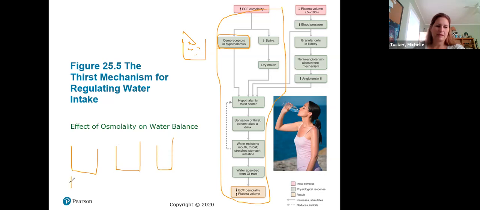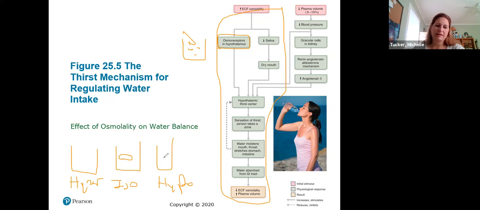You could put them in hyper, iso, and hypotonic solutions. And we took a red blood cell, and in isotonic, it stayed that same shape.